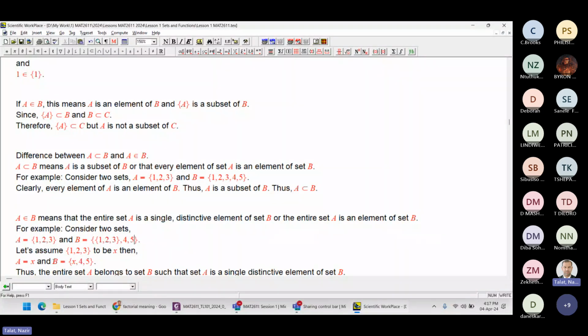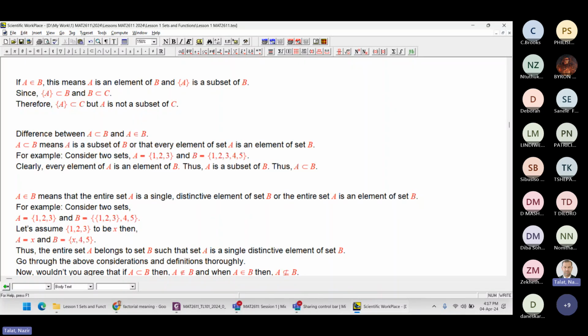This means that the entire set A, or x, belongs to the set B, such that set A is a single distinctive element of set B. Because B contains several elements and A is only a part of that, we cannot say that A is a subset of B, but we can only say that A belongs to B.